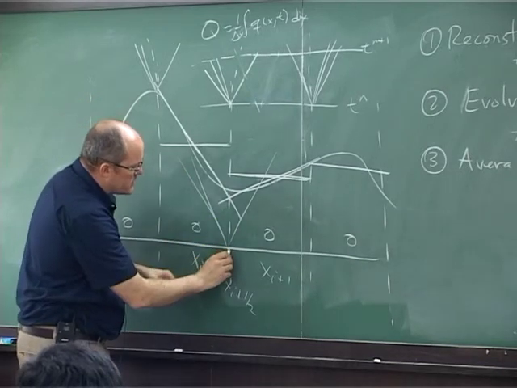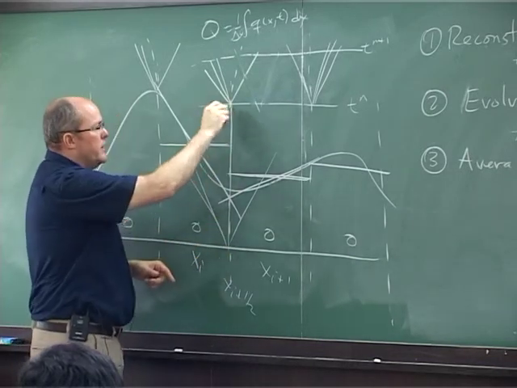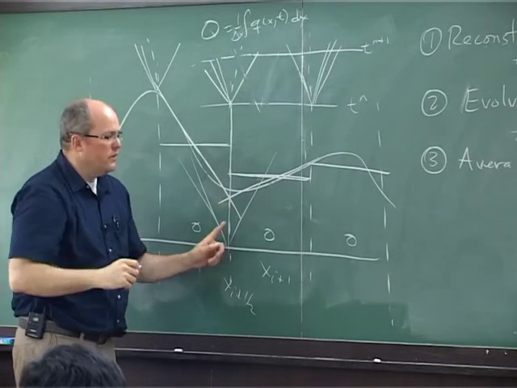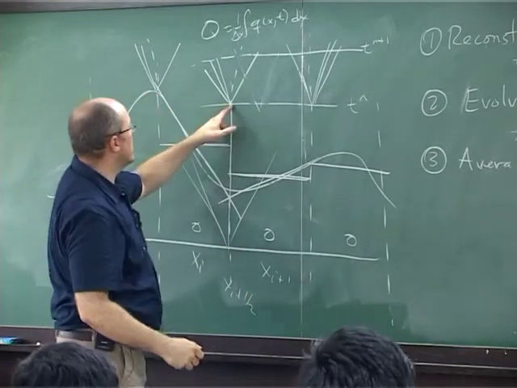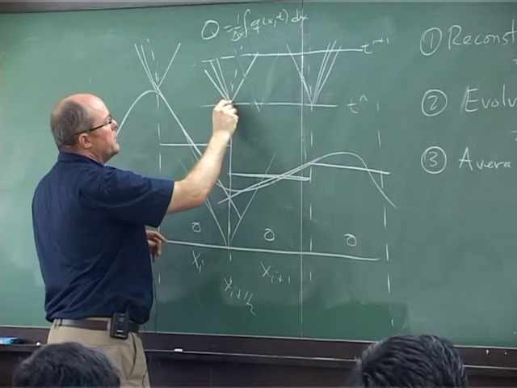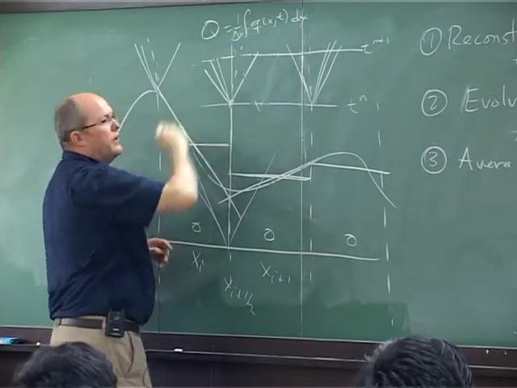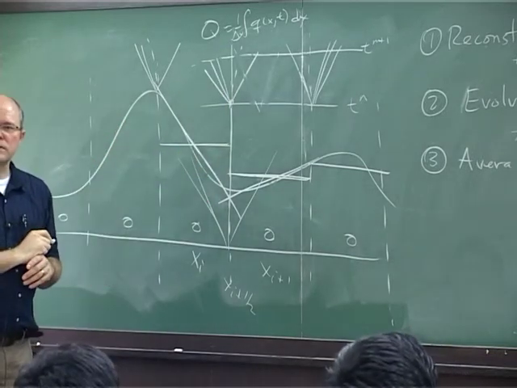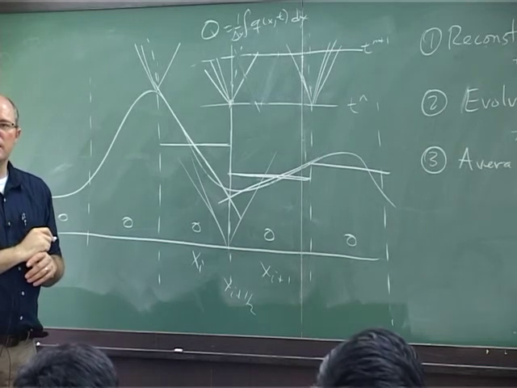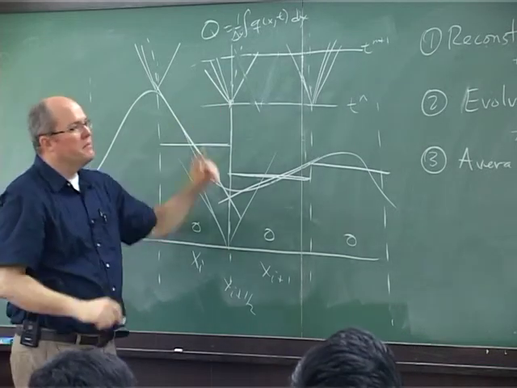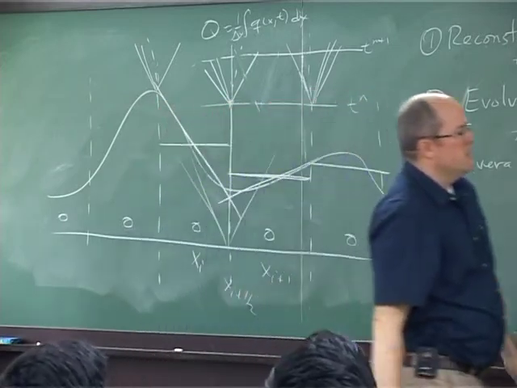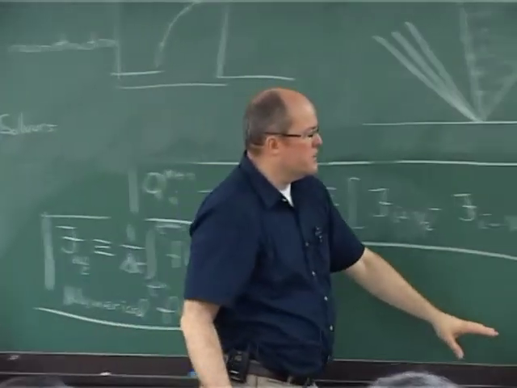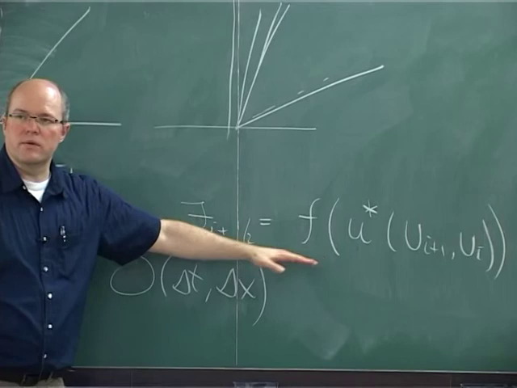But this integral is just the value of the flux along the straight line in time, so that's all I'm integrating. I'm integrating just along that line, and the solution is constant along that line. It doesn't change, and so I can just write it in this way without the integral.